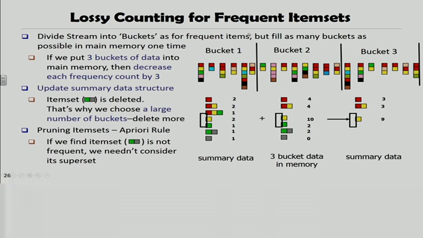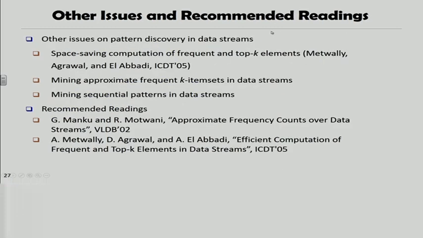So that's the one I just mentioned: they had one paper where they introduced this lossy counting. It's very simple, but you have a good error guarantee, and you can also handle item sets. That's their algorithm. That's the extension.